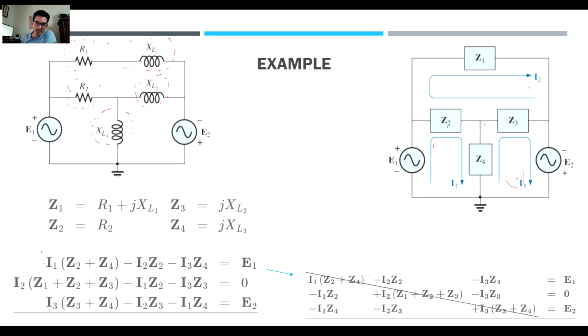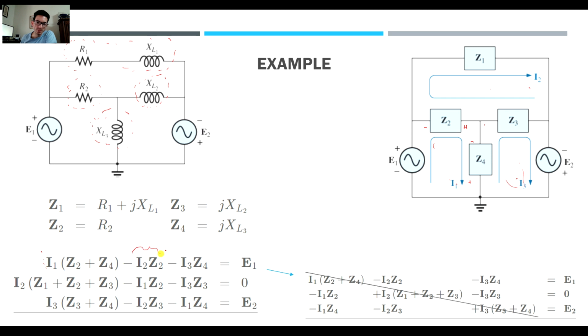This is correct: Z2 and Z4, and we're saying this is negative plus. So I2 is going through Z2, and since we said this is plus, then I2 is going through here, so it's negative I2 times Z2.